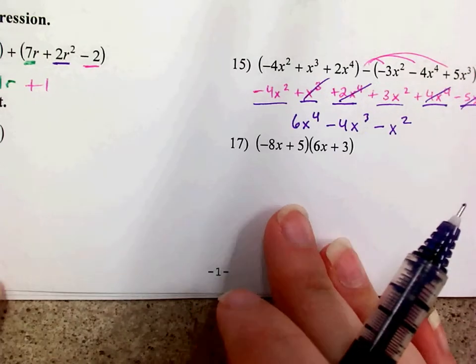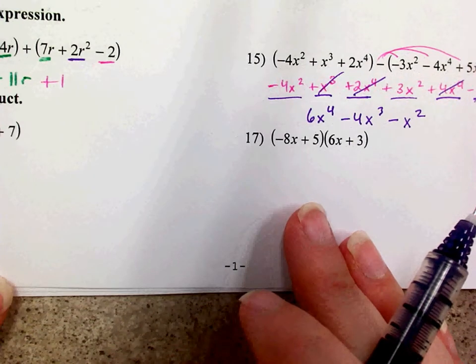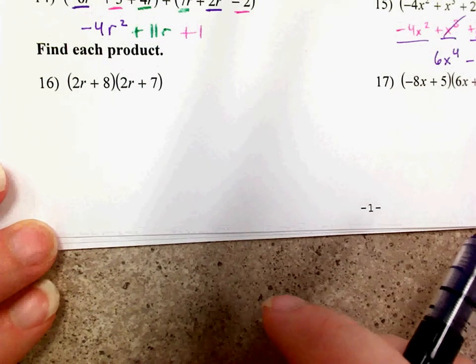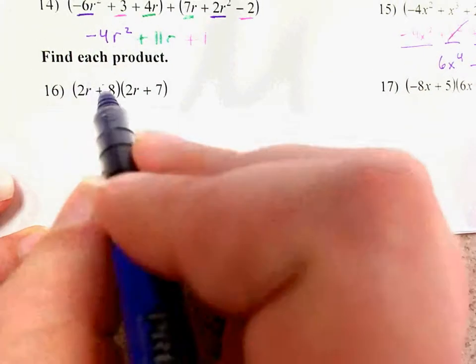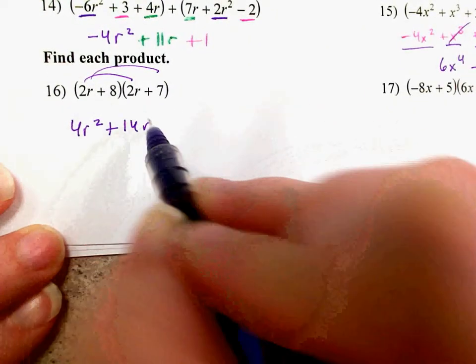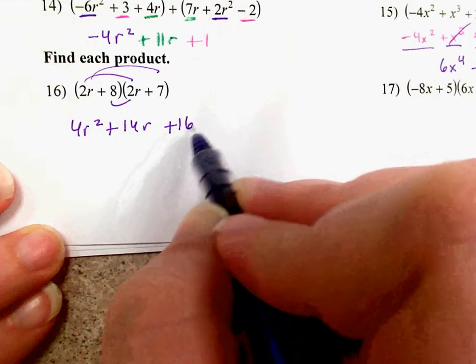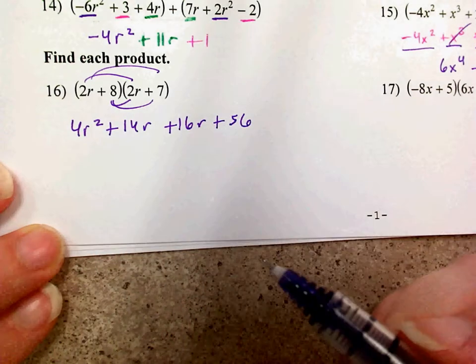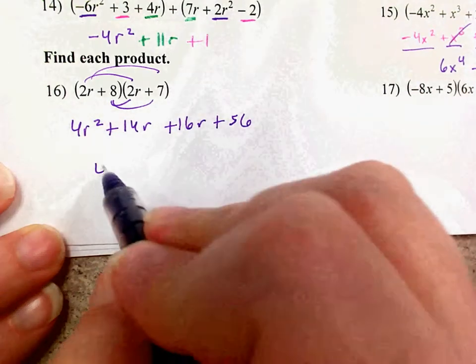Okay, so this is just foiling again, right? So I'll just do it really quickly. 4r squared plus 14r plus 16r plus 56. Combine the middle two terms. 4r squared plus 30r plus 56, yeah? Okay.